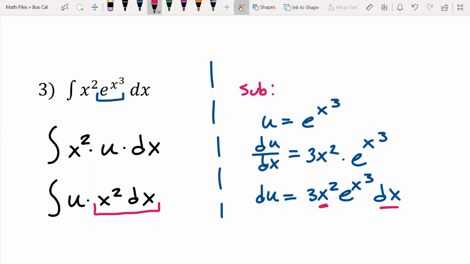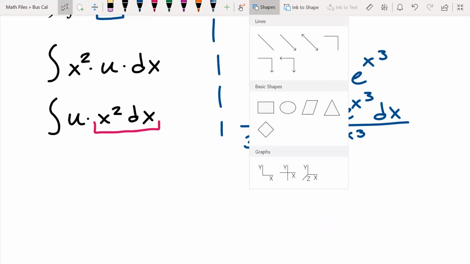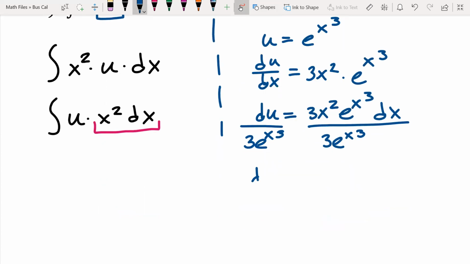So in order to get those by themselves, I'm going to have to divide this by 3e to the x cubed. And now my substitution is going to be du over 3e to the x cubed equal to x squared dx.